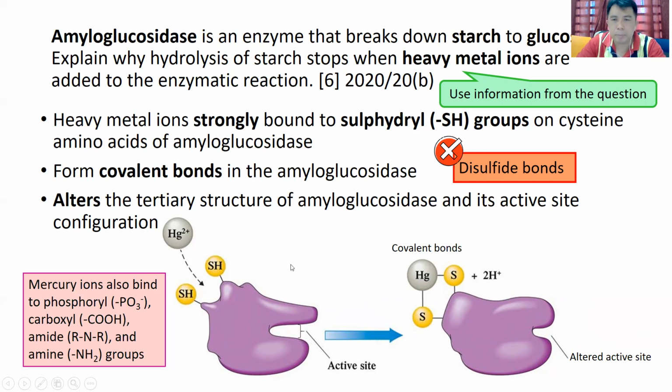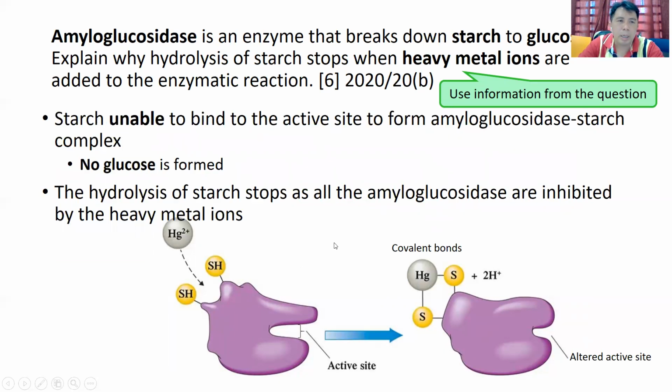Then the starch is unable to bind to the active site to form aminoglucosidase-starch complex. No glucose is formed. So for irreversible inhibitor, actually they bind to the enzyme, then they form covalent bonds. So it is permanent, tightly.